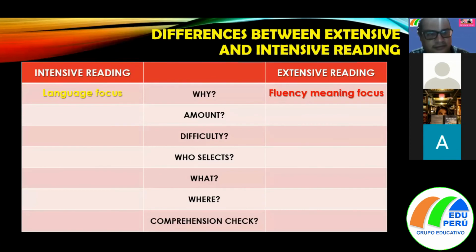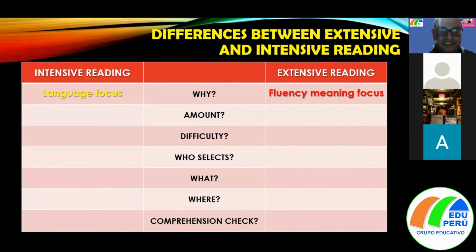All the books they want, because they are in extensive reading. Students are reading because they are going to enjoy the reading, so they can choose all the books. Is this the intensive one?